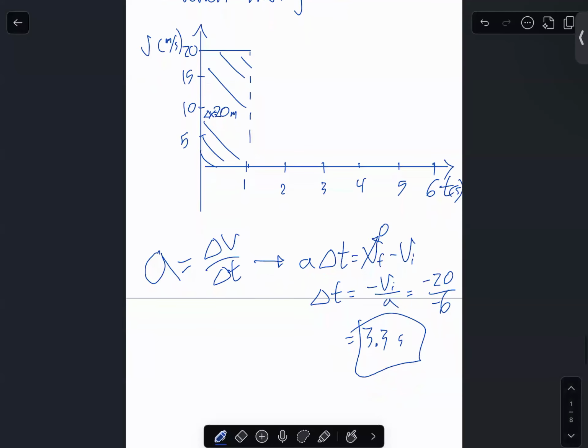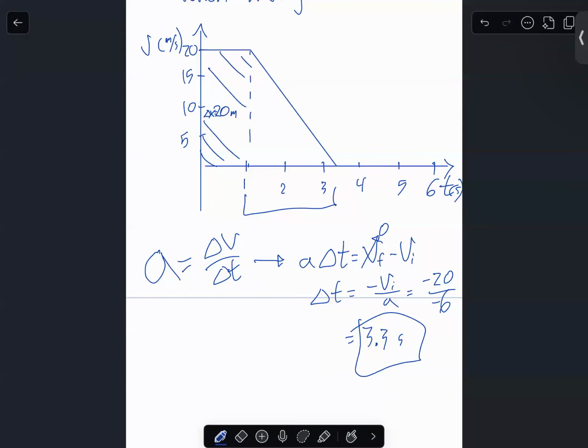So does that mean that I draw a line like that? Everyone agree? No! What have I screwed up? A 1 second reaction time means I am not starting at 0. If I start at 1 second and it takes me 3 1/3 seconds to change my motion, here is 3.3 seconds of slowing down, 3.3 seconds of accelerating, right?